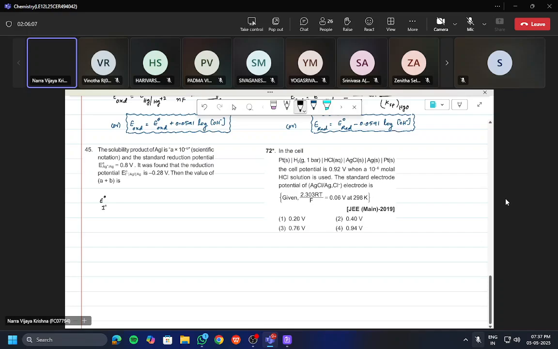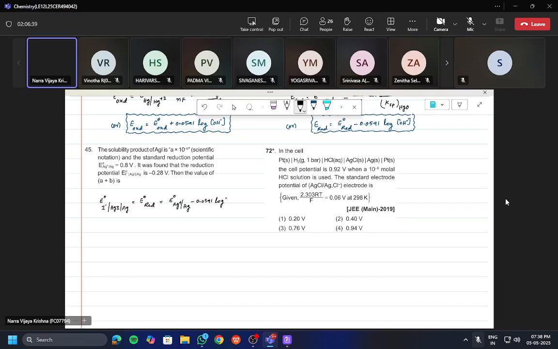This is E naught of I minus, AgI, Ag. It is nothing but E naught reduction or oxidation? Reduction. Correct? So what is the E naught reduction formula? E naught of Ag plus to Ag minus 0.0591 log. Do we have a KSP term or not?